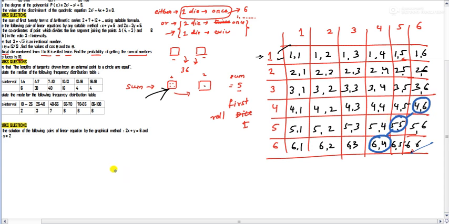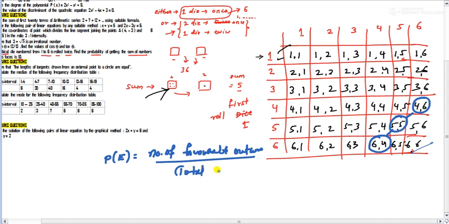Got it? So we all know the formula. What is the probability of any event E? It is the number of favorable outcomes divided by the total outcomes. So you have to write this formula. You are also going to get half marks for the formula.